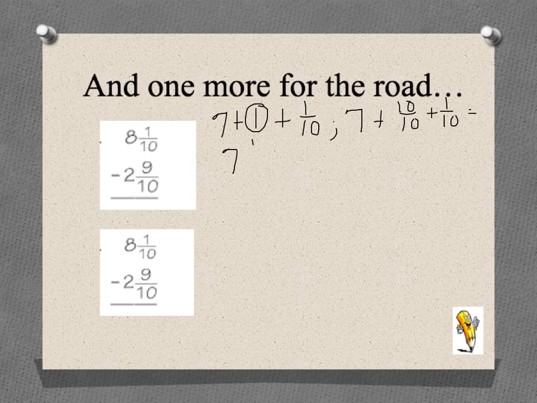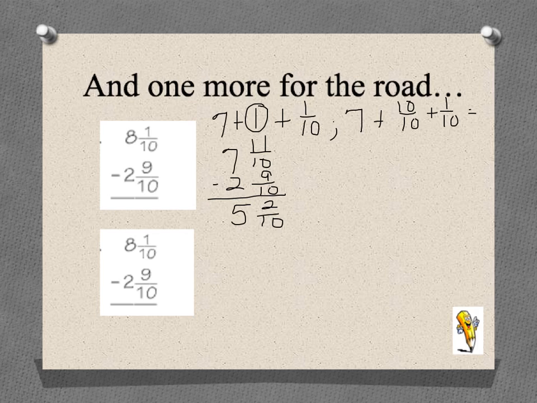So now I have 7 11/10 minus 2 9/10. 11/10 minus 9/10 is 2/10, and 7 minus 2 is 5. That was one way.